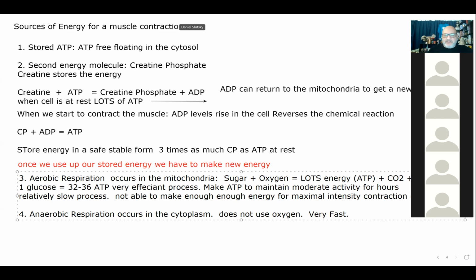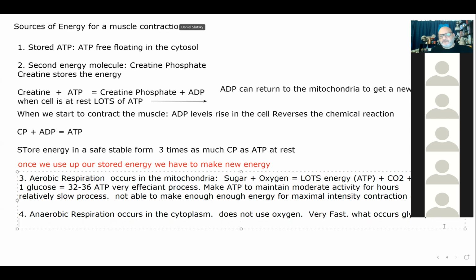Basically, what occurs here is glycolysis. Any idea what glycolysis is? Well, what does glyco refer to? Yeah, it's glucose. It's the breakdown of glucose. Basically, all we do is split the glucose.